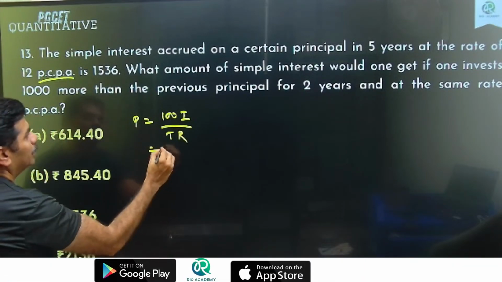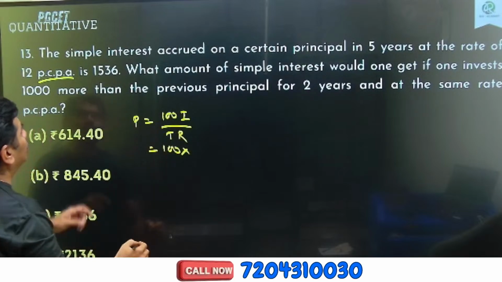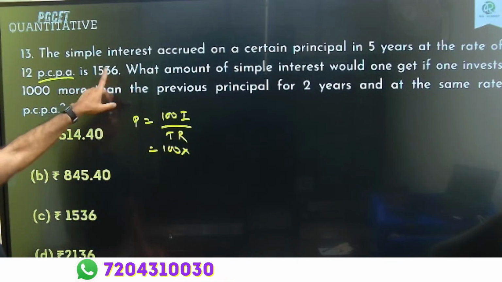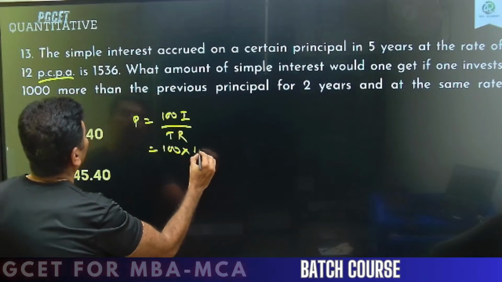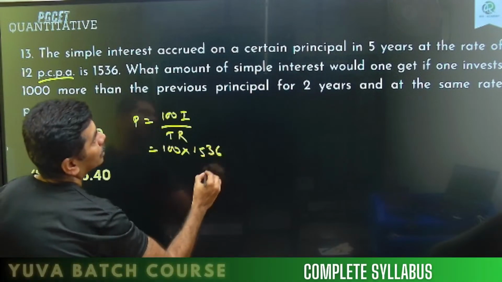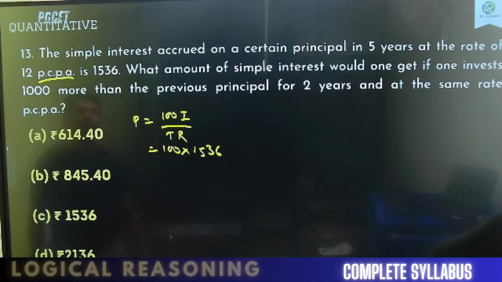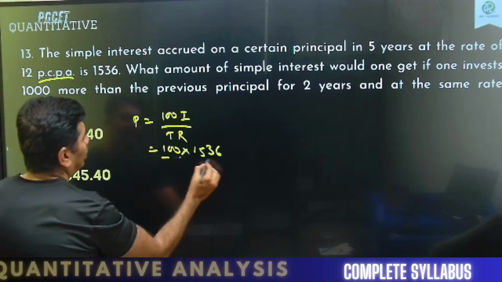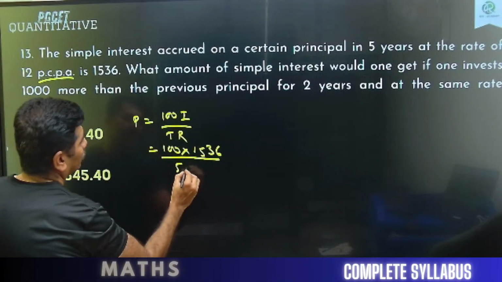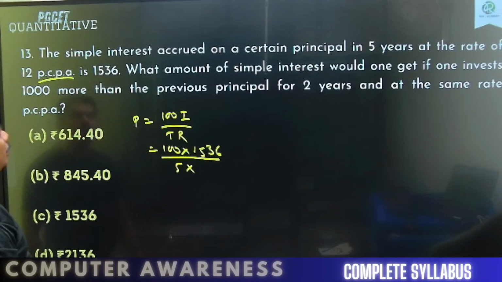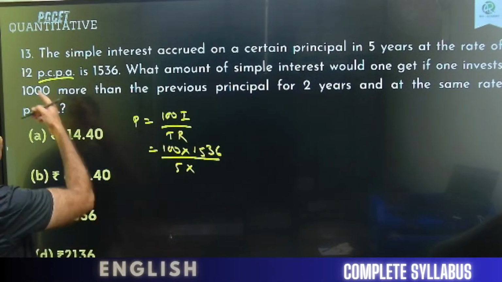So this is 100 into the interest they got, 1536, divided by TR. T is for 5 years, they said, into the rate of interest, 12.